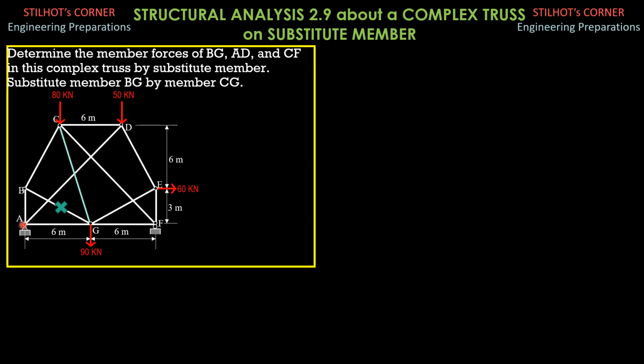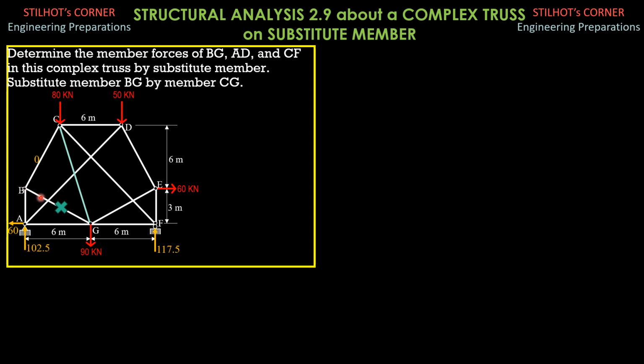So summation forces X, the reaction will be 60, and AY, I just leave it to you to solve for AY. You sum up moment about F, then RF, you sum up moment about A. So this is 60 kilonewtons, 102.5 kilonewtons, just like in structural analysis 2.8, and this is 117.5 kilonewtons.